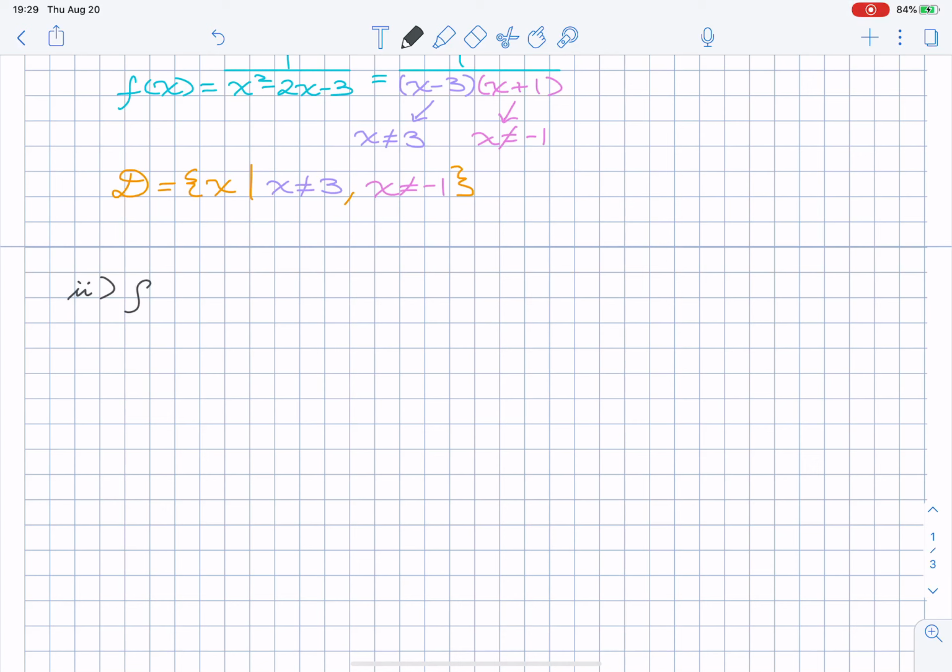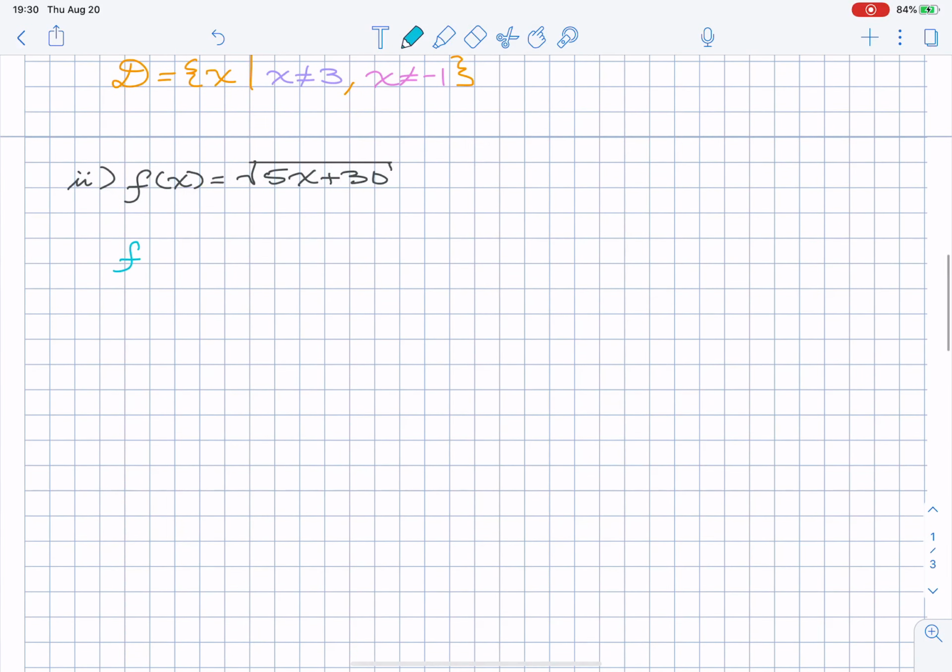So let's say now we have that f of x is the square root, which is an even index, of 5x plus 30. So since it's a square root, and 2 is an even number, we know that 5x plus 30 is necessarily greater than or equal to 0.